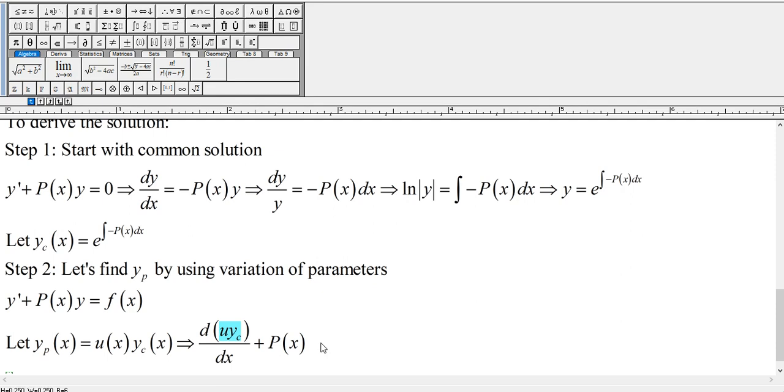You see what I'm doing? I'm going to plug this in for the y's, equals f of x here.